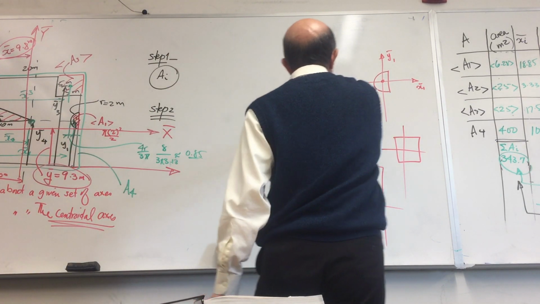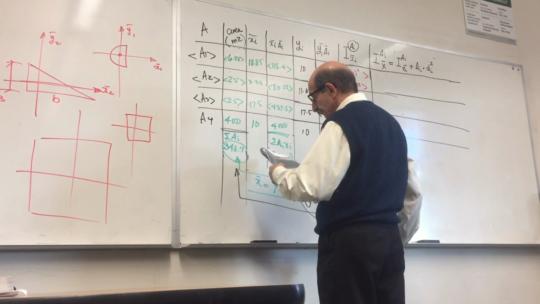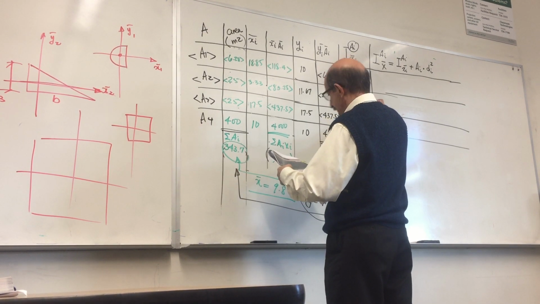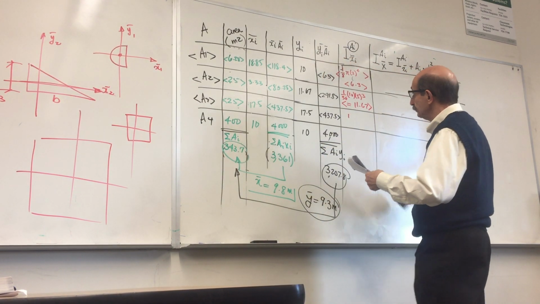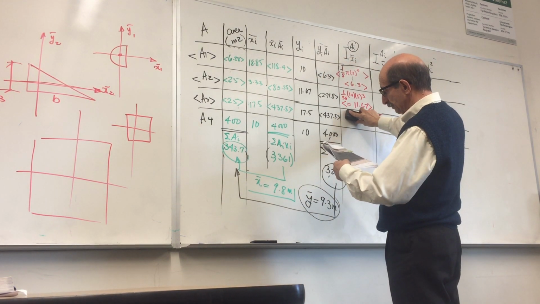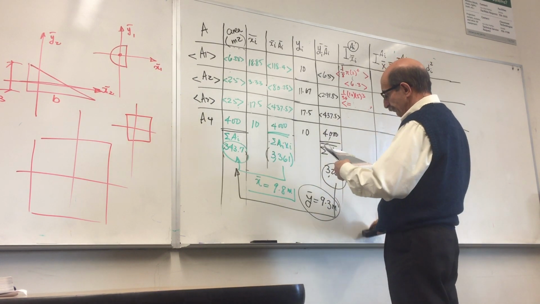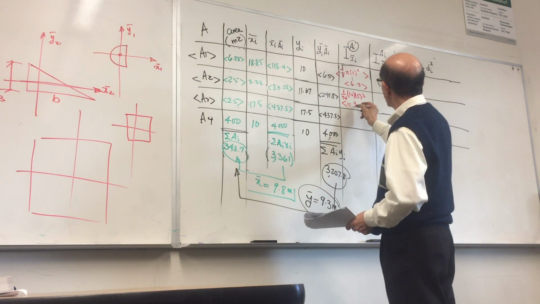So B is 10, h is 5, so you have 1/36, B 10, h is 5, so that will give you 34.7 negative.